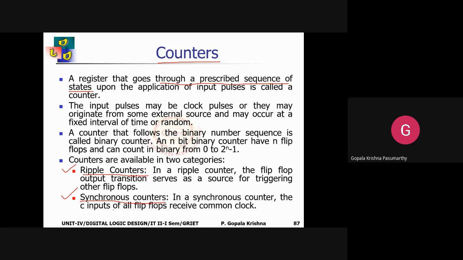In a synchronous counter, the clock inputs of all flip-flops receive a common clock. In a ripple counter, that will not be there. The clock inputs of flip-flops are connected to different inputs. We can simply remember like this. If there is a common clock, synchronous. If there is no common clock, ripple. That's all. Is it clear?